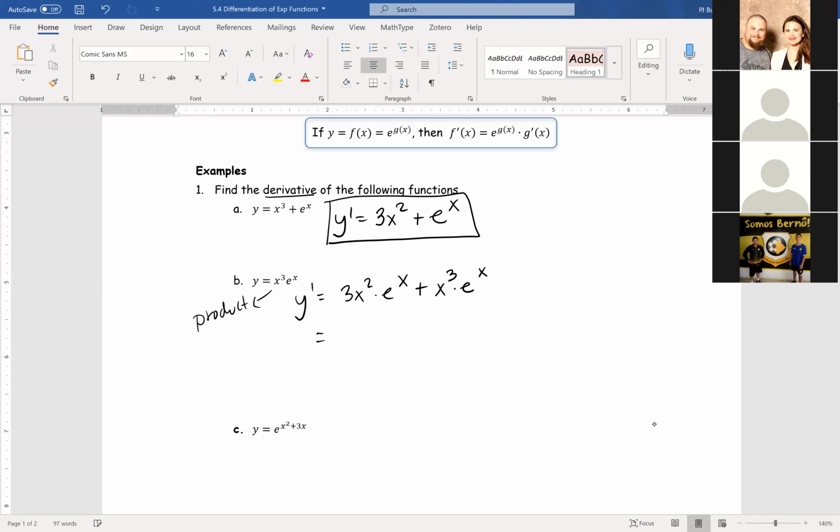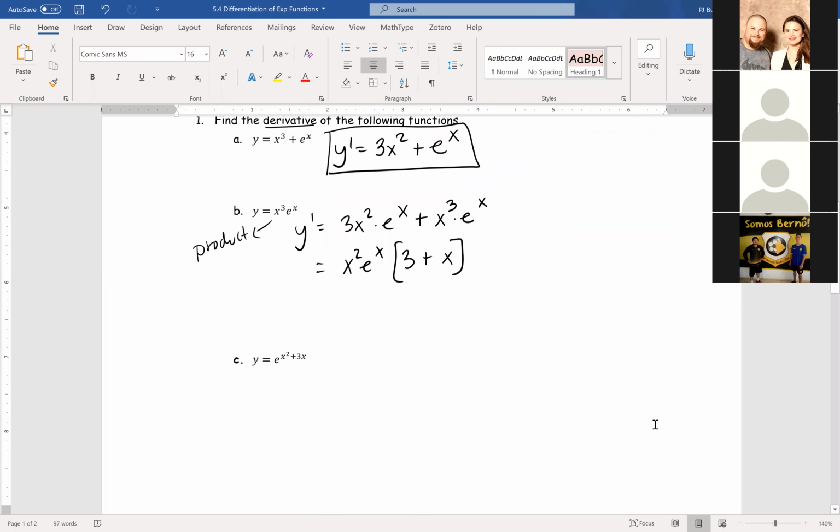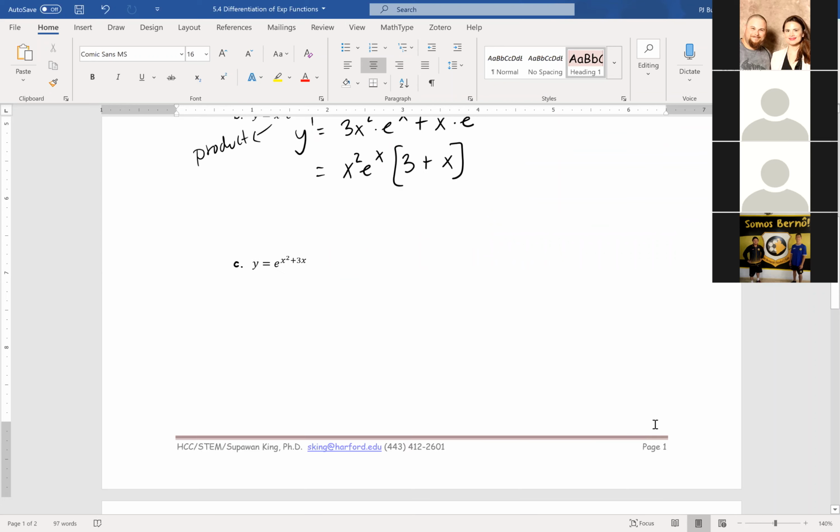And you might want to write that in factored form, so take out an x squared e to the x. I suggest that just because if you were asked for, say, a max or a min kind of thing, you'd want to factor it that way to solve. So those are very basic forms.